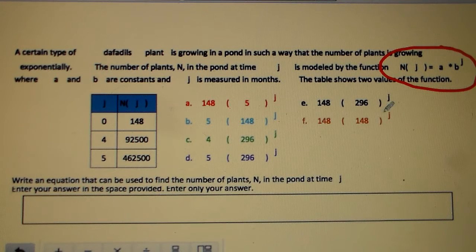So that's our formula. We're going to first plug in this first coordinate here. 0 goes into the exponent and the answer of 148. So 148 is equal to a times b to the power of 0. Now b to the power of 0 is 1, so that means a is equal to 148. So I'm going to put in 148, that a value, times b to the power of j.